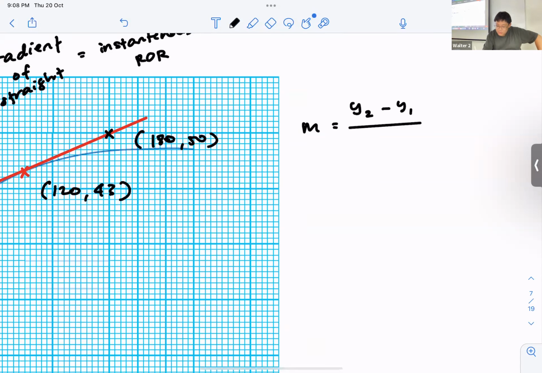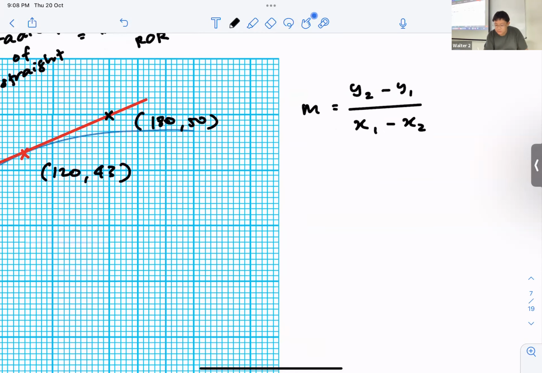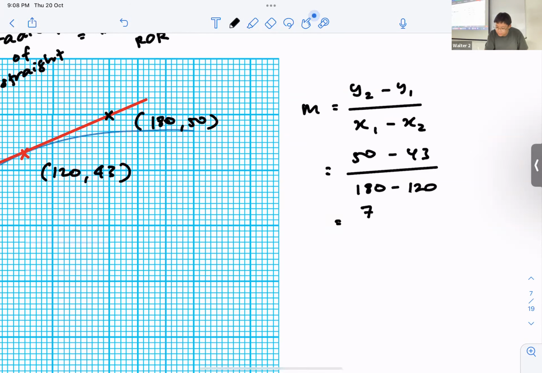So now I'm going to use my values to see what I get. Mine will be 50 minus 43, divided by 180 minus 120. That'll be 7 divided by 60.